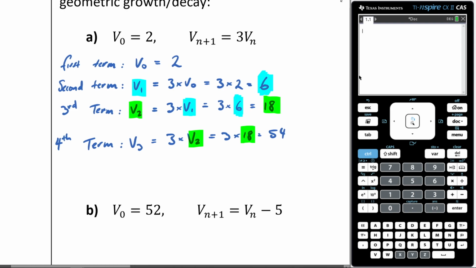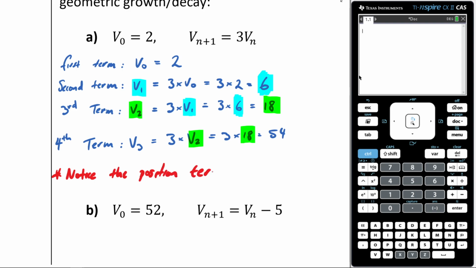Where shall I write it? Let's just write it here. You can write it anywhere on the page. I'm going to write: notice the position term. That's what I'm referring to when I'm referring to these things. That's the position term.